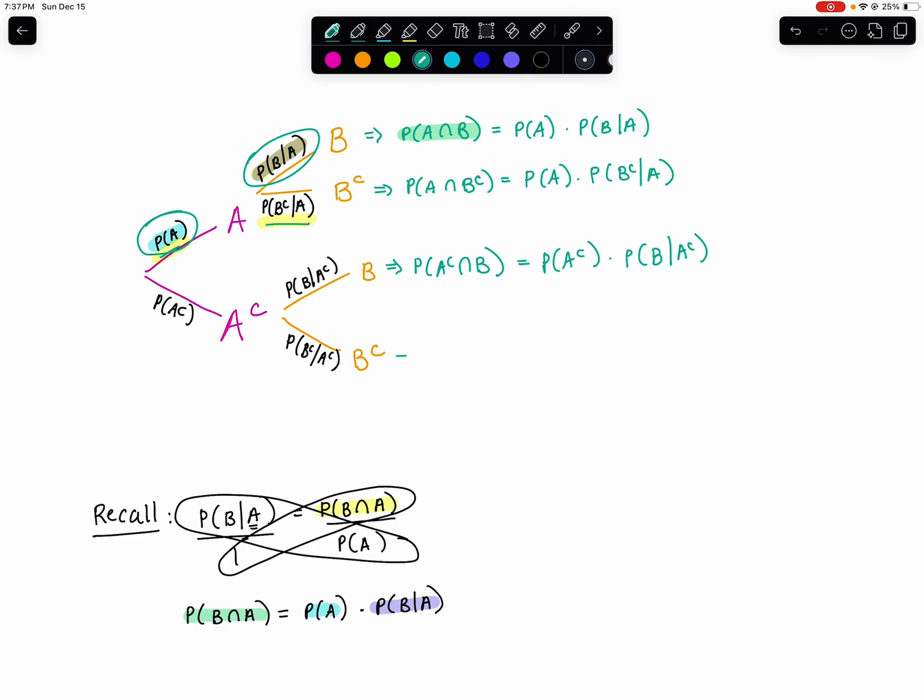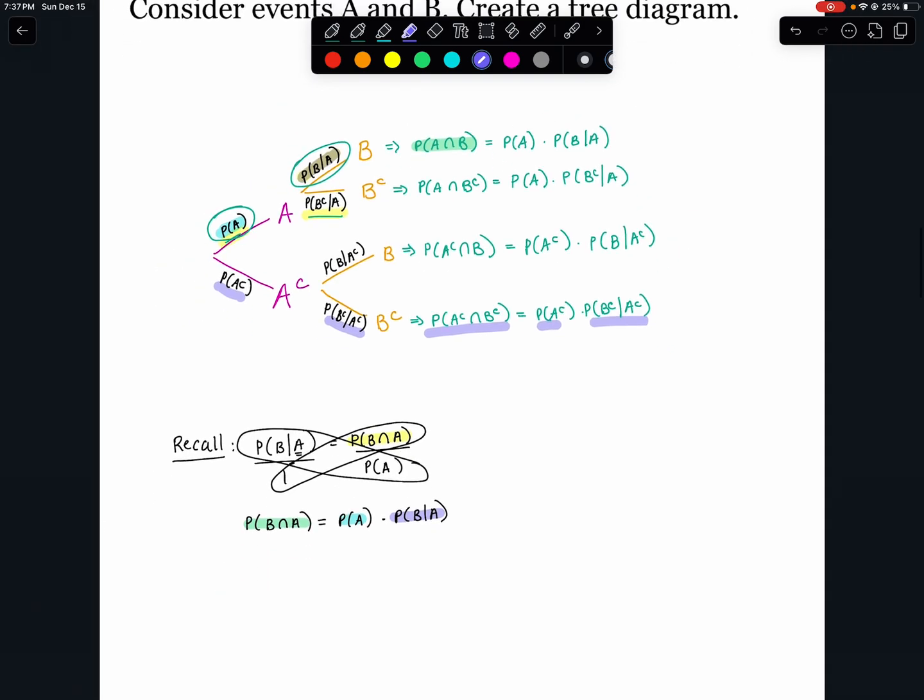And then this last one would be the probability of A complement and B complement, which is equal to the probability of A complement times the probability of B complement given A complement. Okay? So that pattern goes the whole way through. This times this will give me that. Okay, those are the two parts over here. All right, so the tree diagram doesn't have the and right away, but you can get the and.